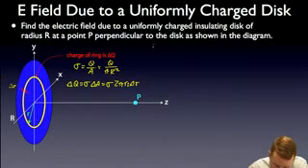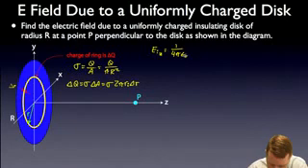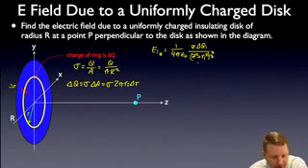Let's start off again by finding the electric field due to that little piece, Ei, and again in the z direction, 1 over 4 pi epsilon 0 times z delta Q sub i over z squared plus Ri squared to the 3 halves.